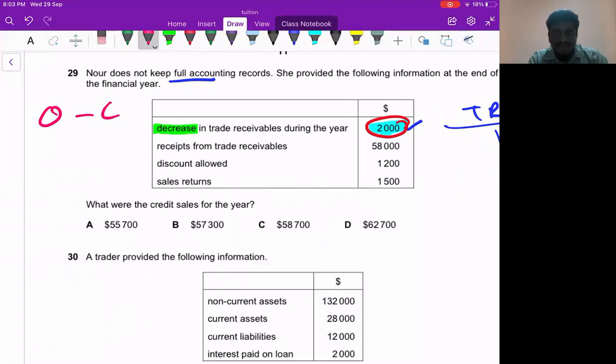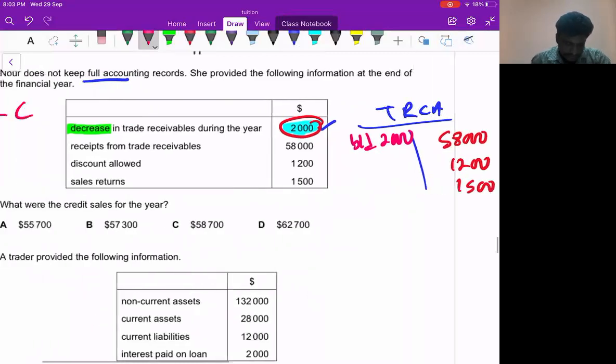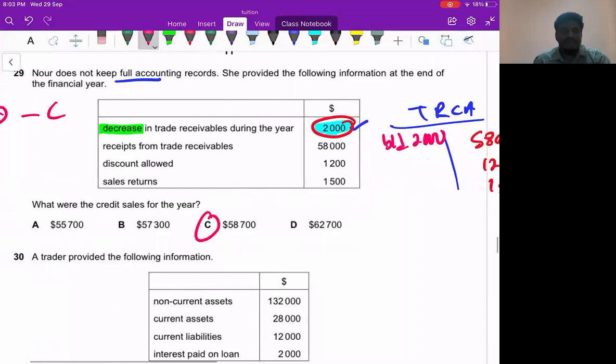Opening is bigger, so we follow the opening. Opening is on the debit side, so we put it on the debit side. We follow the bigger side. It will be debit side. So what's the answer? 58,000 plus 1,200 plus 1,500 minus 2,000. Answer is C.